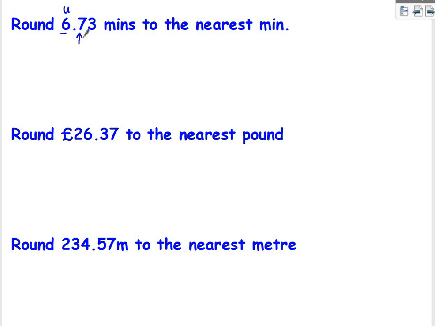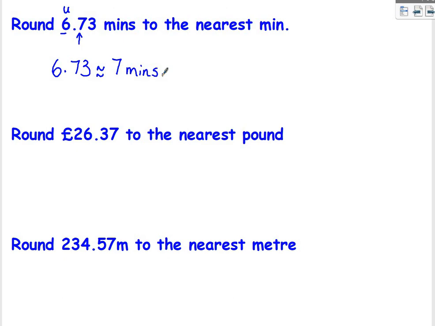So in the tenths column, I have 7. That is 5 or more. So the 6 has to go up to a 7. So 6.73 is approximately equal to 7 minutes to the nearest whole number of minutes.